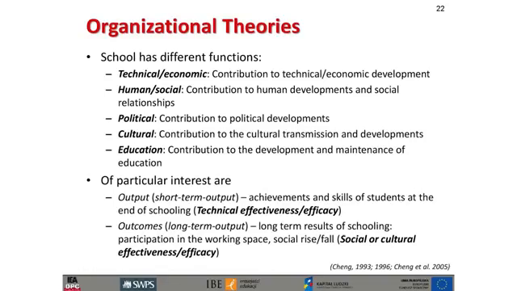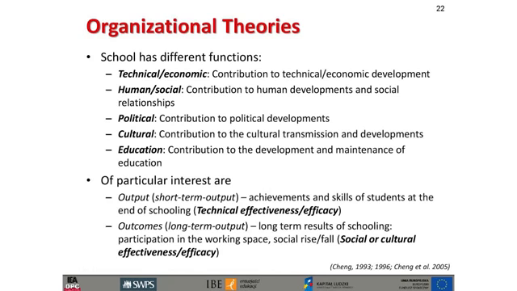But in recent school effectiveness research, the focus is on the short-term output, considering the technical function of the school. Another focus is on the outcomes, which are also considered long-term outputs related to social or cultural effectiveness or efficacy. It's defined as the long-term results of schooling, for example, participation in a working space, social life, and so on.